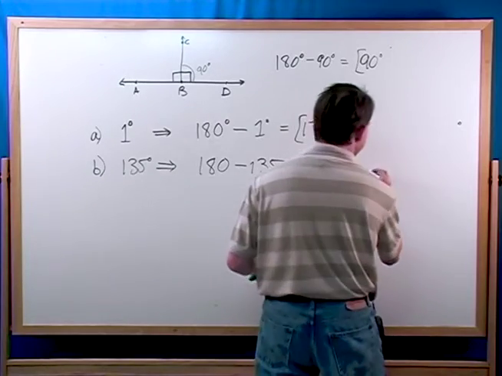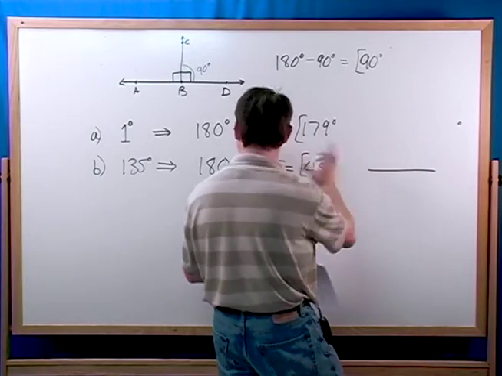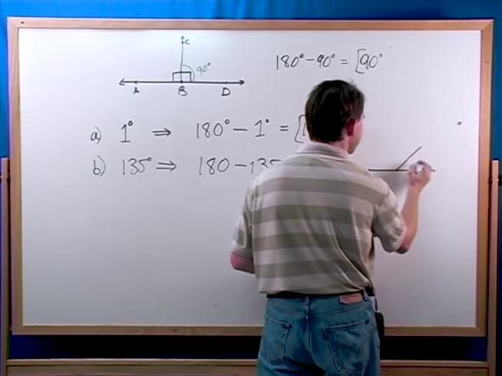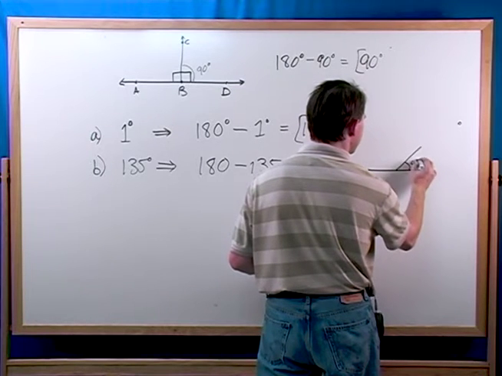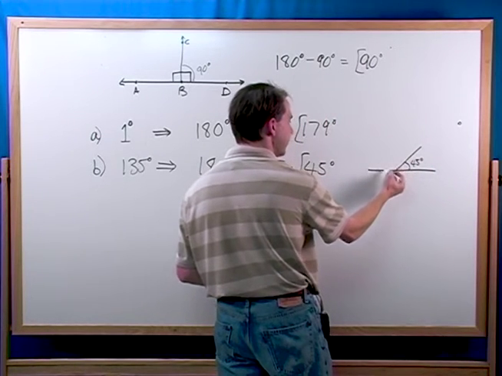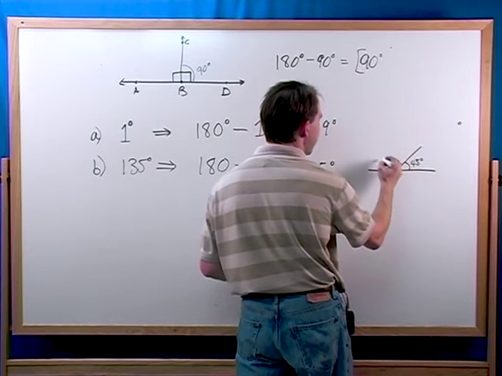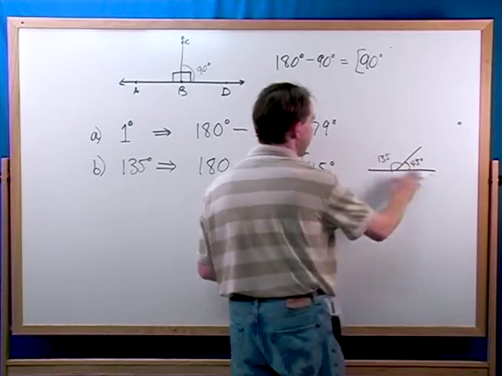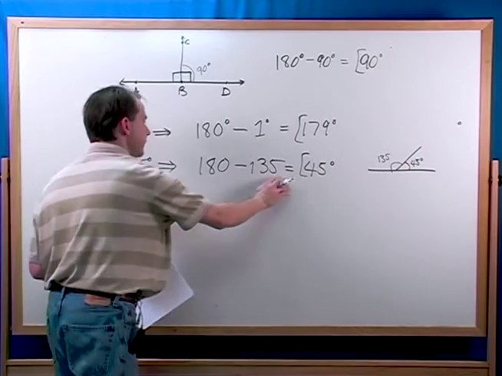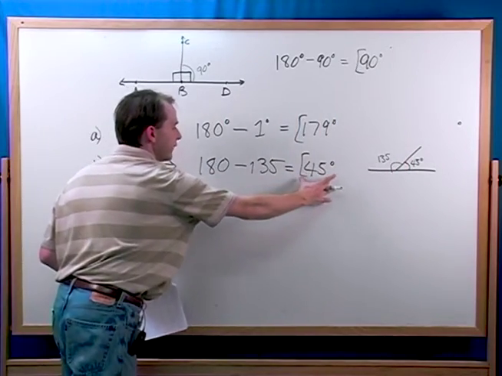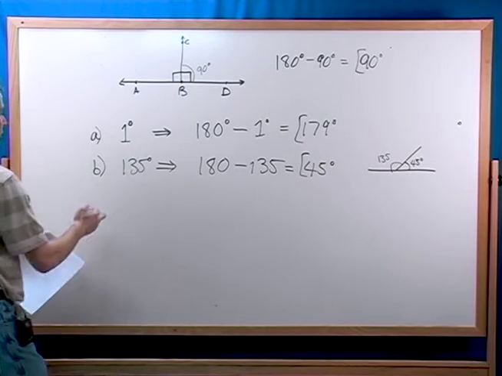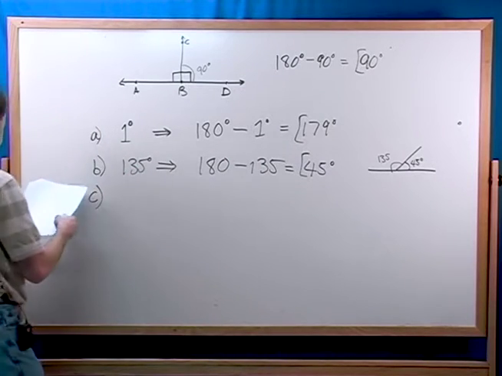And if you just wanted to check it on a drawing here and just see if it kind of makes sense, 45 degrees is about like this. And 135 degrees is roughly like that. You can use a protractor to figure that out. And so those add up to 180 degrees. But really all you need is the math here. And you can always check yourself. 45 plus 135 equals 180. So you know you have the right answer.